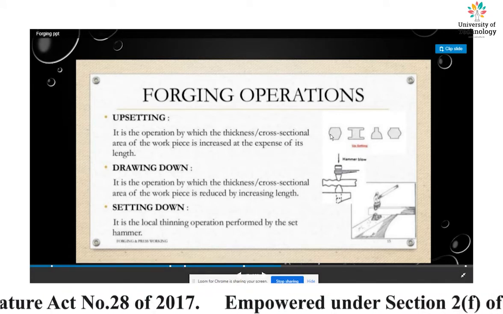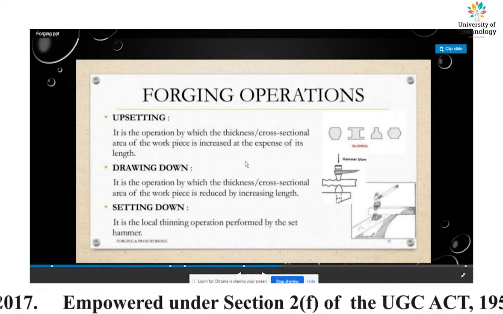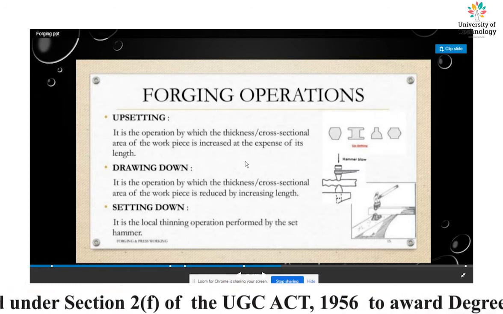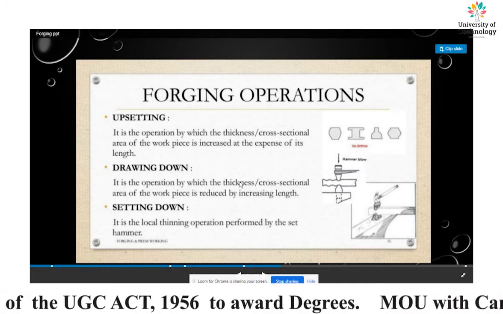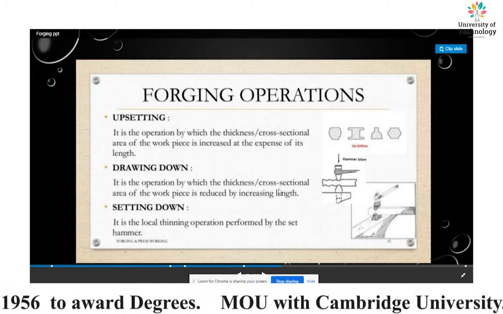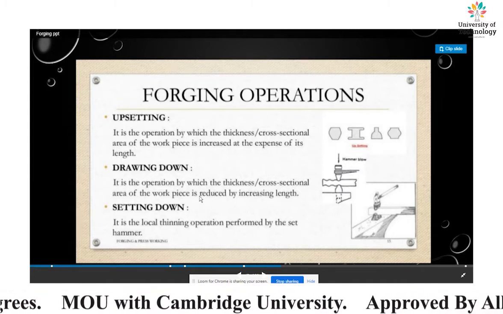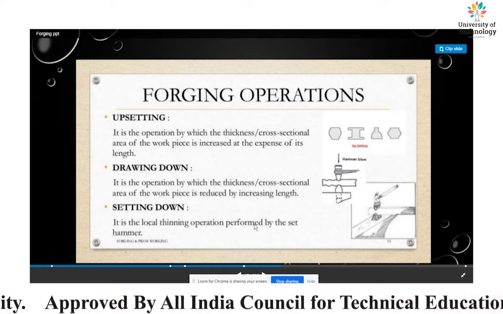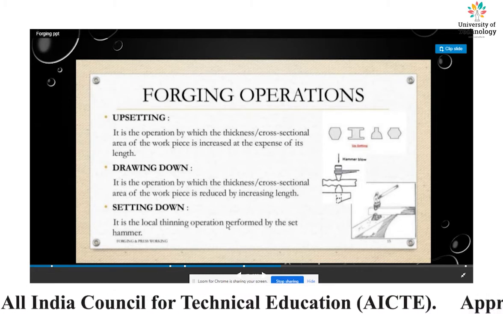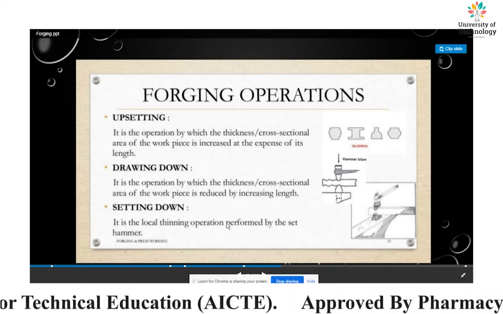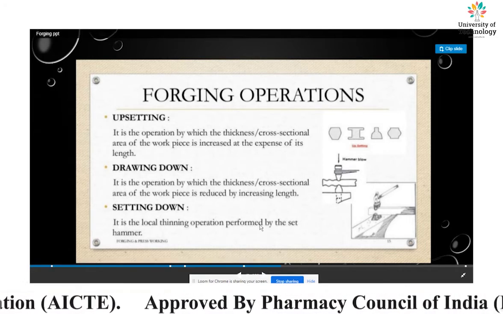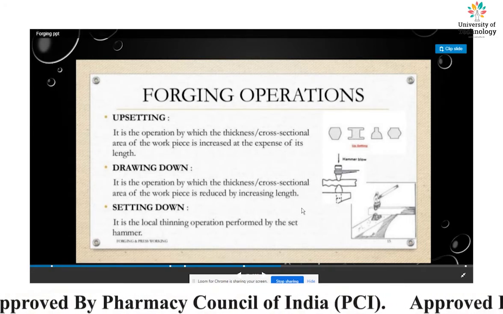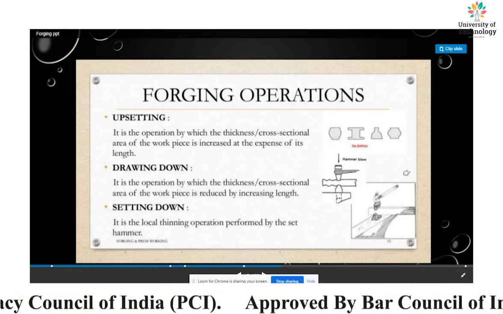Like this, there are the steps of upsetting and drawing down. Drawing down is the operation by which the cross-sectional area of the workpiece is reduced by increasing its length, like this. And setting down is the local thinning operation performed by set hammers, like this figure.